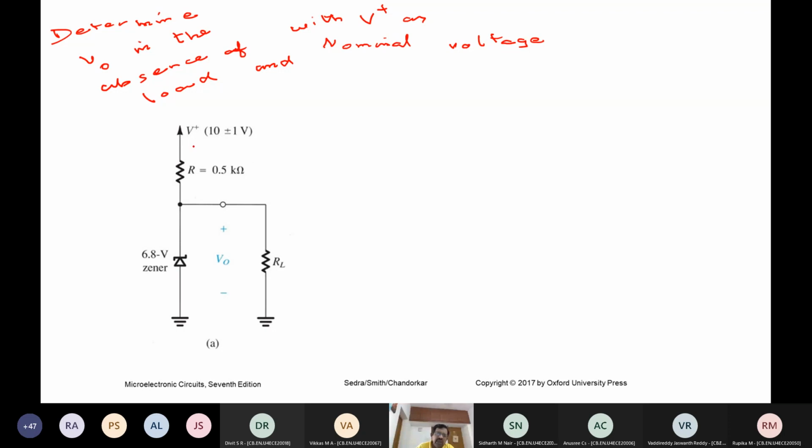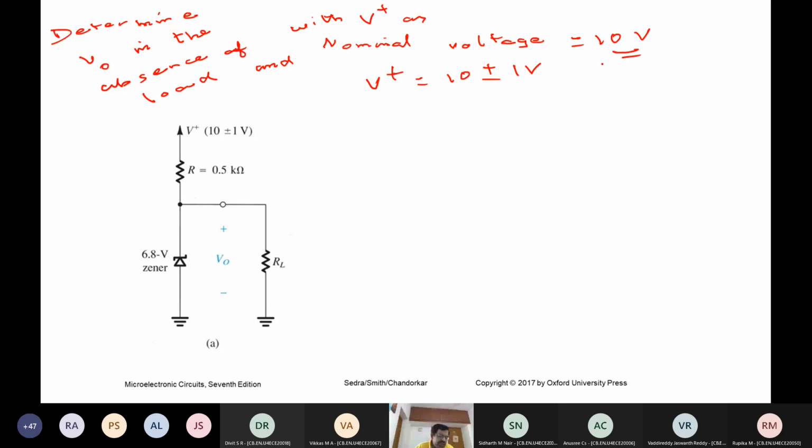Normally when we say input voltage, nominal voltage, first try to understand that V plus is given as 10 plus or minus 1 volt. So the nominal voltage is always 10 volt.